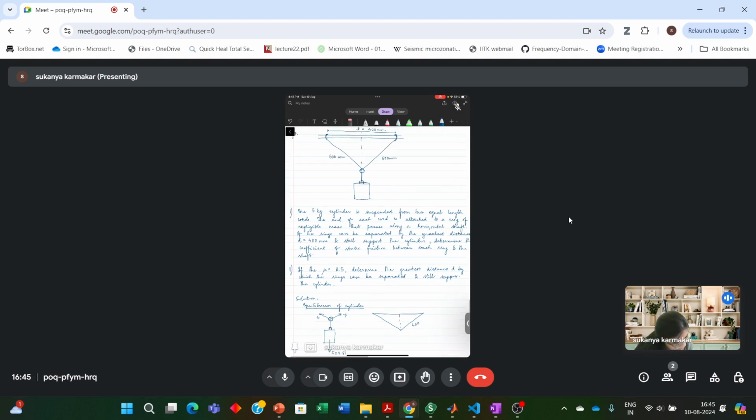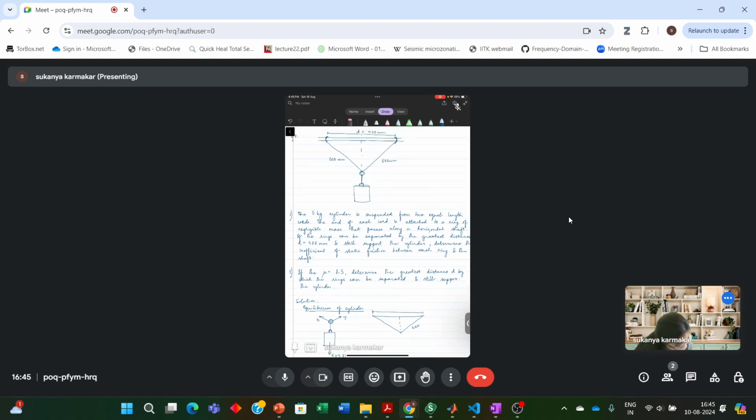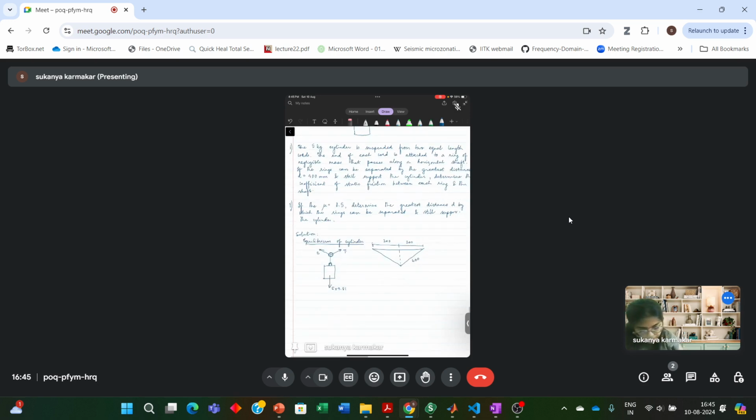This total length is 400, so 200 and 200. So basically, we know the angle as well. The two tension forces must be equal since it is symmetrical.